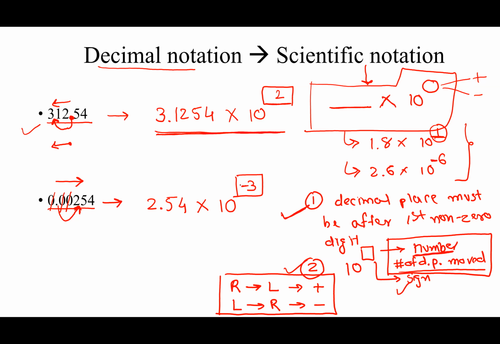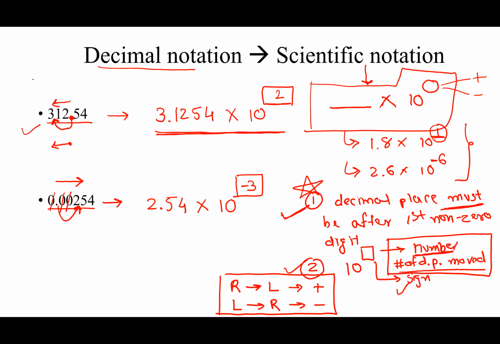I have a question, please. In the first question, we moved 2 places to the left, and in the second one, we moved 3 places to the right. Why is that? Because it's a rule. Whenever you write a scientific notation, the decimal place has to be after the first non-zero digit.